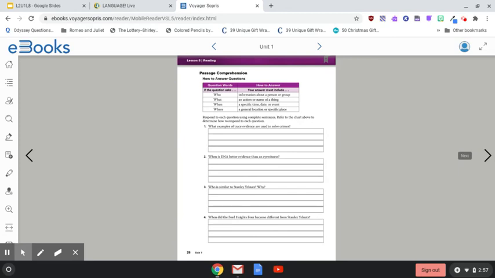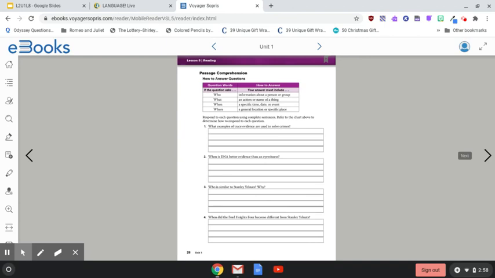Let's practice answering questions. Listen as I model the first one for you. Number 1. What examples of trace evidence are used to solve crimes? Looking at the chart, because the question is a what question, I know the answer will require the name of something.